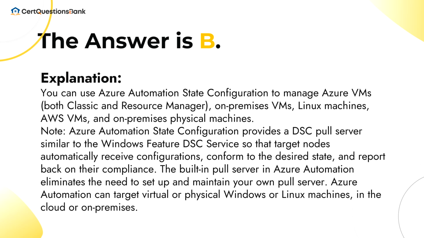Note: Azure Automation State Configuration provides a DSC pull server similar to the Windows feature DSC service so that target nodes automatically receive configurations, conform to the desired state, and report back on their compliance. The built-in pull server in Azure Automation eliminates the need to set up and maintain your own pull server. Azure Automation can target virtual or physical Windows or Linux machines, in the cloud or on-premises.